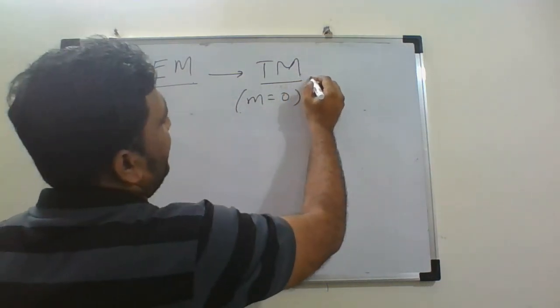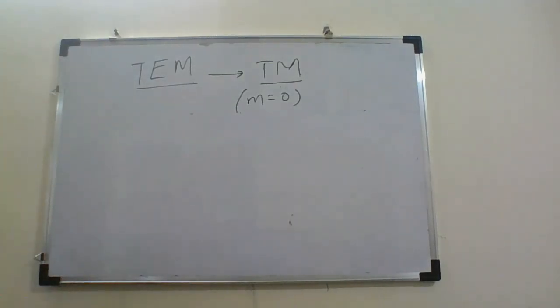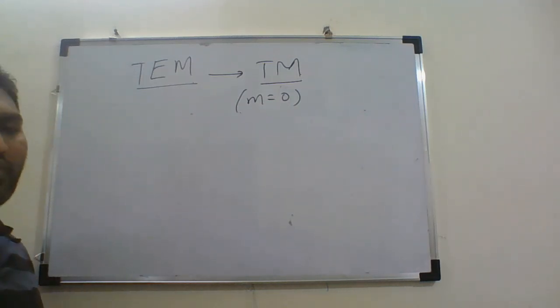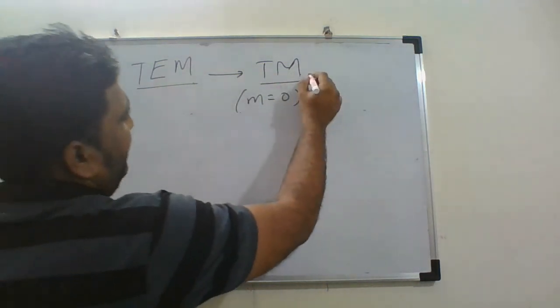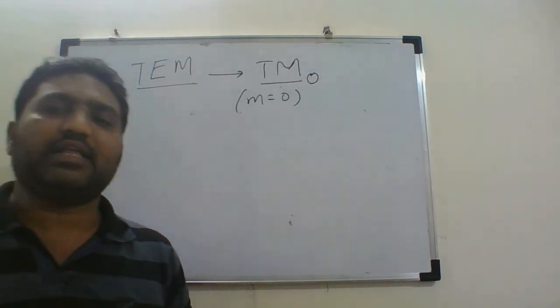Whenever the order of the TM wave becomes equal to zero, the wave that is generated is called a transverse electromagnetic wave, TEM wave. So the TEM wave is nothing but a TM0 wave.